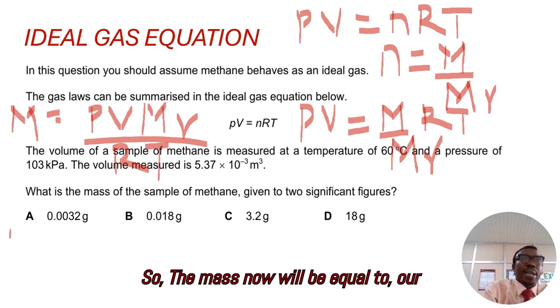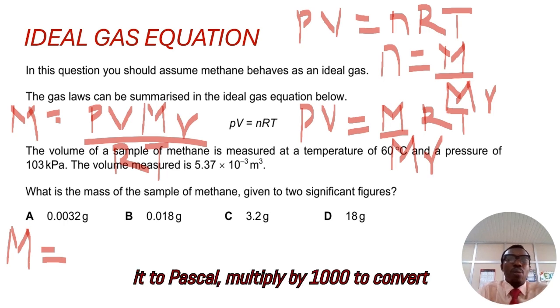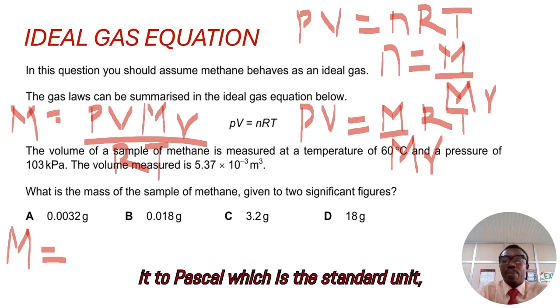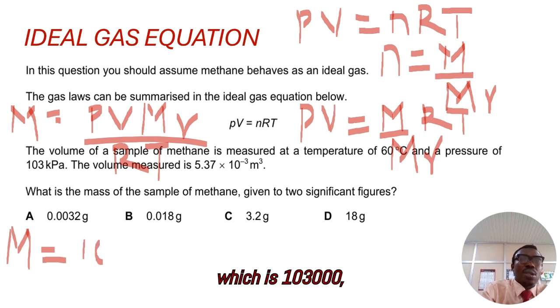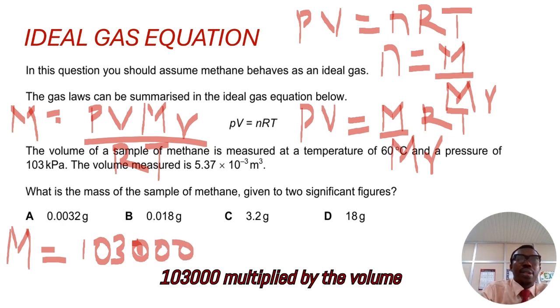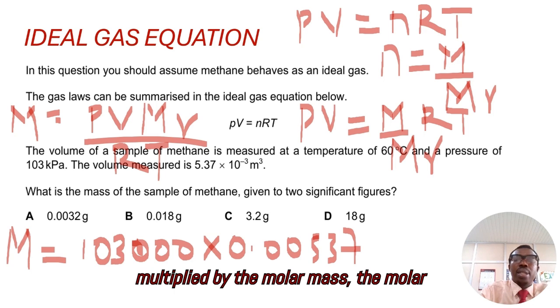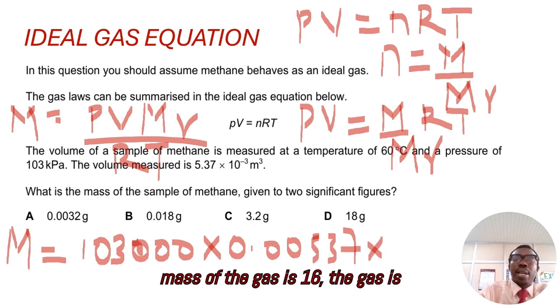So the mass now will be equal to, our pressure is in kilopascal, so we'll multiply by 1000 to convert it to pascal, which is the standard unit, which is 103,000, multiplied by the volume, which is 0.00537, multiplied by the molar mass. The molar mass of the gas is 16.